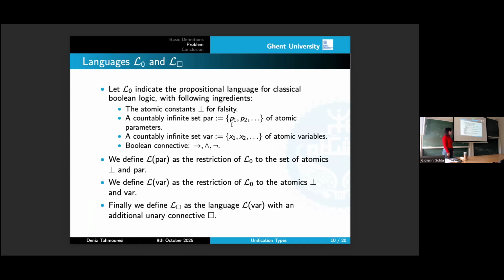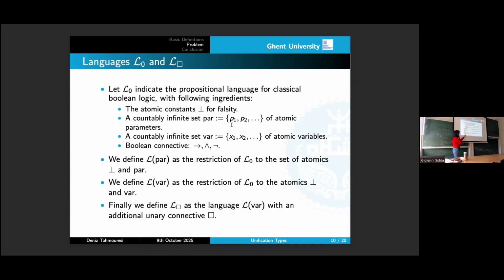Okay, so as I said, the idea is to use the classical parametric logic and also CL box plus. But to start with, we are going to define our languages. L0 is the propositional language, as you know, with all its constants and the infinite set of parameters and variables and also all the connectives we have.